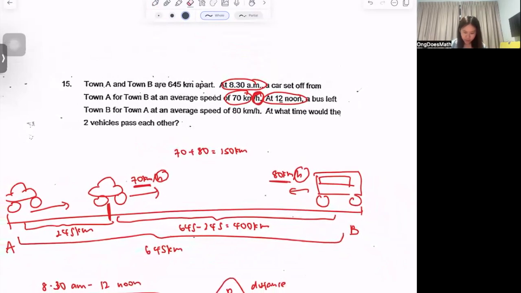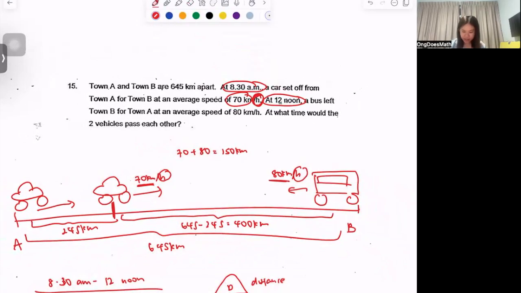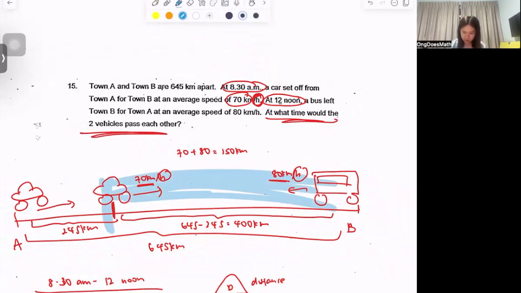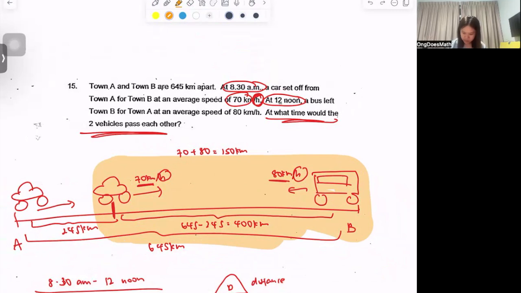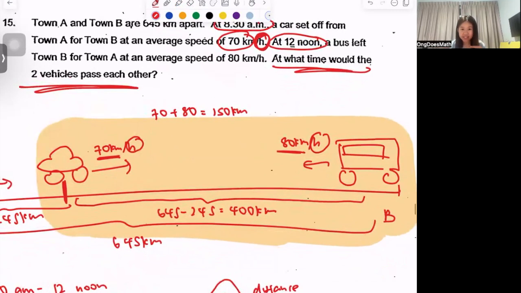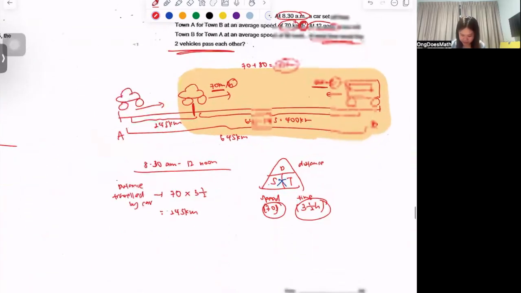Okay, so we are asked to find out at what time the two vehicles would pass each other. So we are only focused on this part of the journey. I need it bigger. Since they are traveling towards each other, we can add up the speed because they are 150 kilometers closer to each other. Okay, so we'll draw back this triangle, DST.